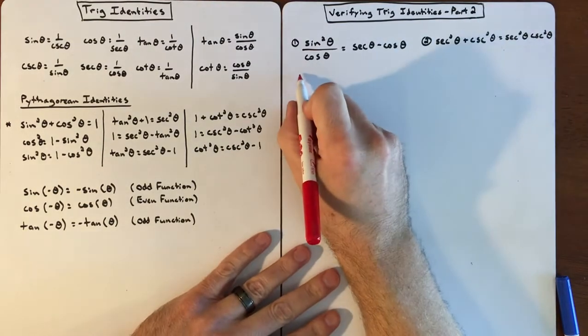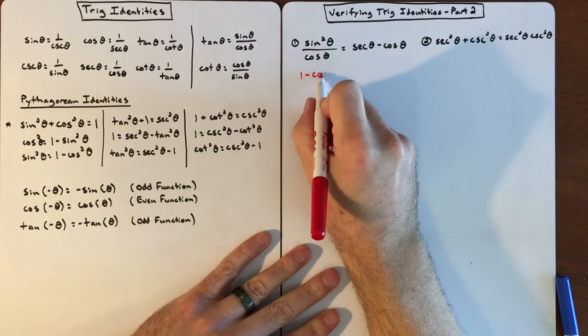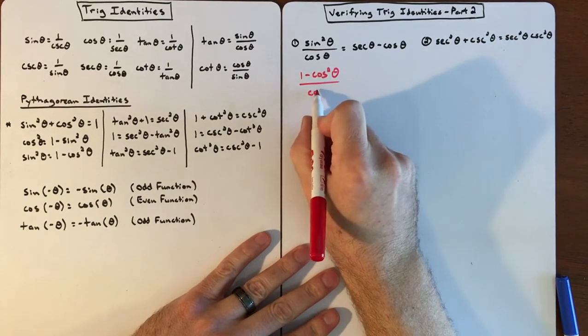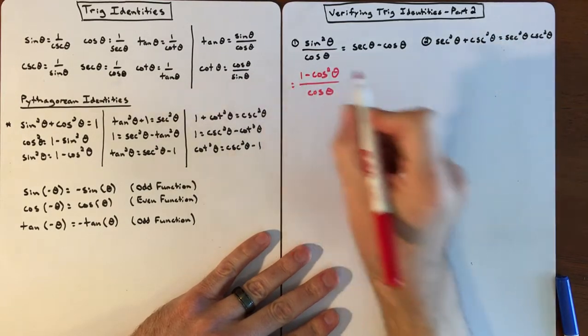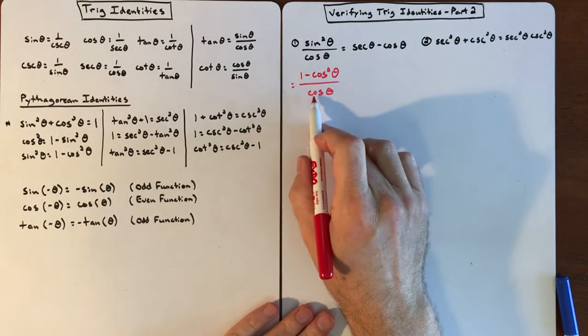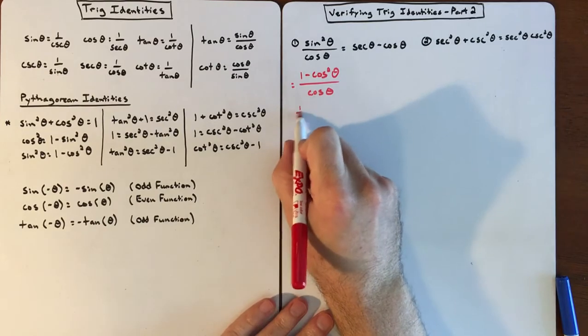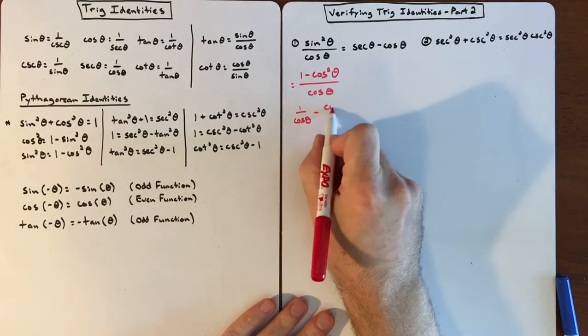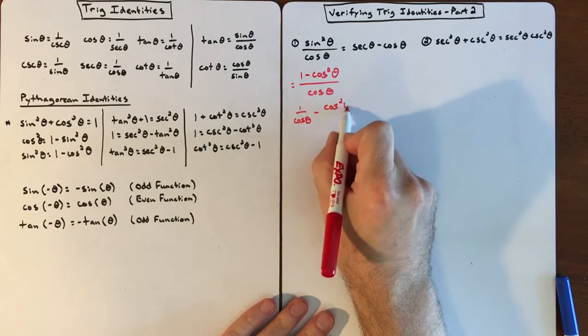So we'll take the top and sub that out into 1 minus cosine squared theta over cosine theta. Because we just have a single piece in the denominator, we can break this up into 1 over cosine theta minus cosine squared theta over cosine theta.